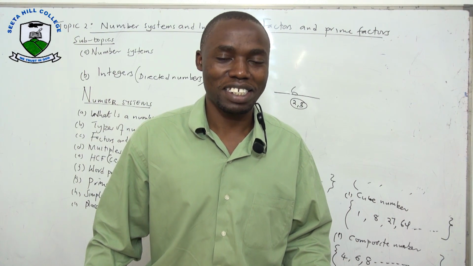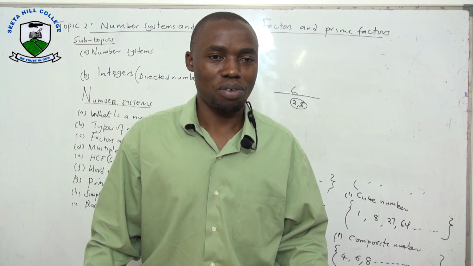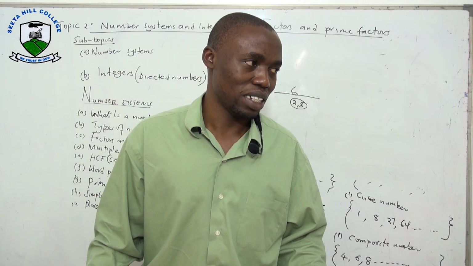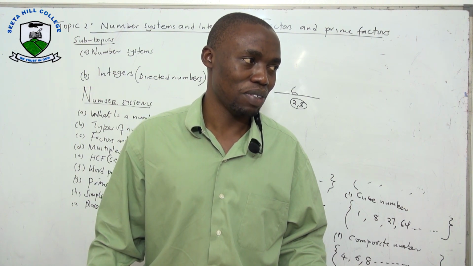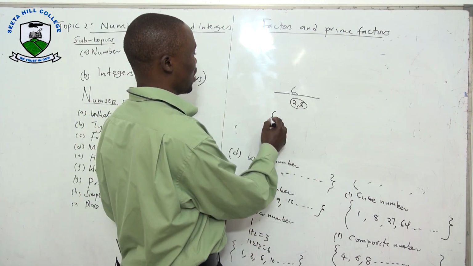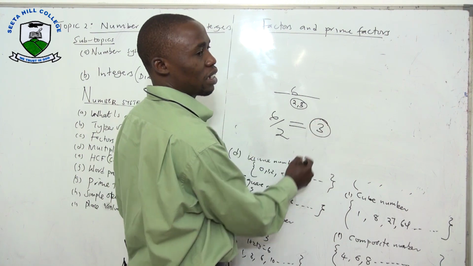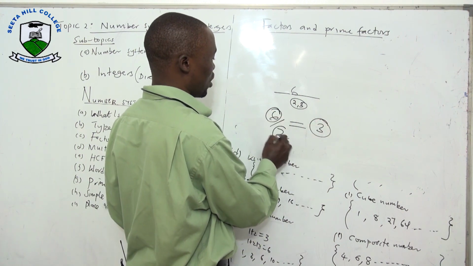That is very, very correct. Now you must know that the person who divides is given a name called what? If you say 6 divided by 2 you get 3, what is 6 called?